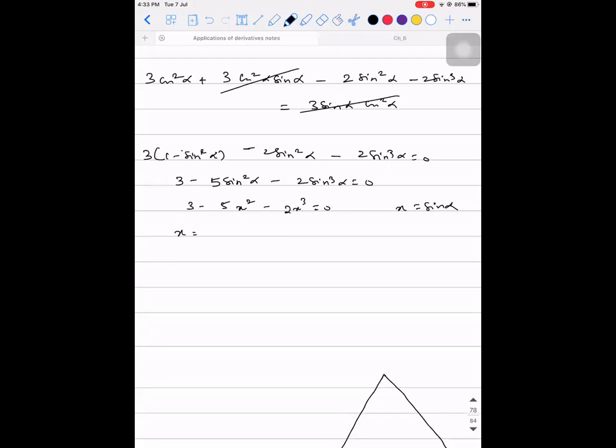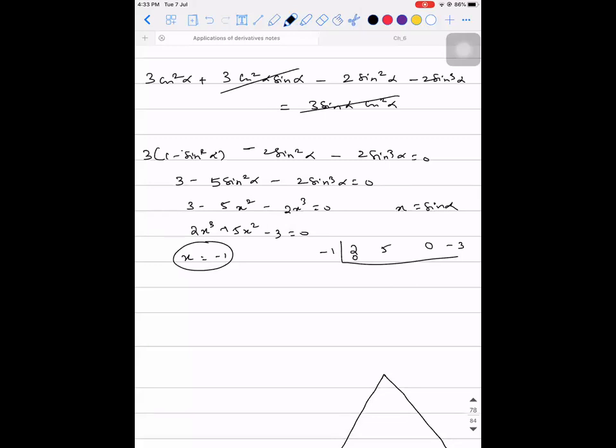So the value of x I am able to see is minus 1. So when you substitute minus 1, wait, let me write it like this. 2x cube plus 5x square minus 3 equal to 0. When I put x is equal to minus 1, it is satisfying the equation. So I do the synthetic division method. So 2, 5, 0 and minus 3.